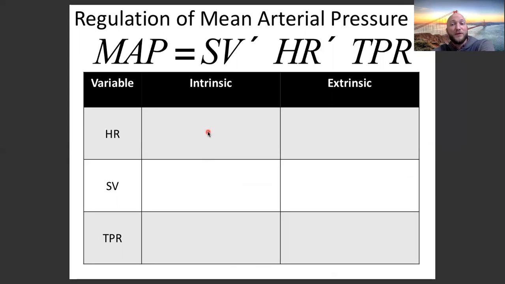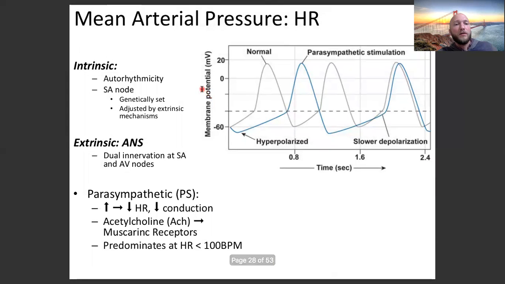Do you remember any guesses as to what the intrinsic control mechanisms for heart rate are? Well, the intrinsic controls of heart rate are the autorhythmic cells. The autorhythmic cells set heart rate. Now, the SA node is the fastest of these autorhythmic cells.